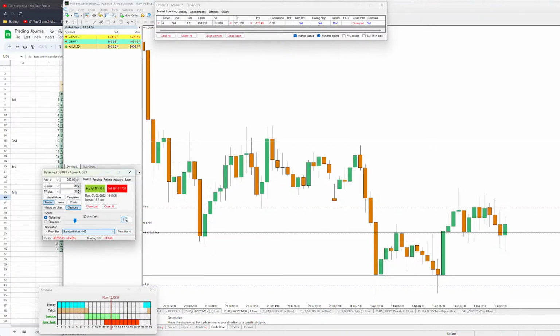But yeah, now let's keep the trade running. If we get hit, we get hit. Potentially we will. Let's see. I'm mad because we should have not been losing this trade.